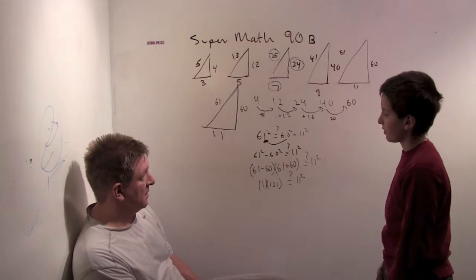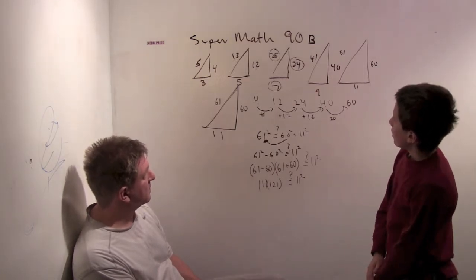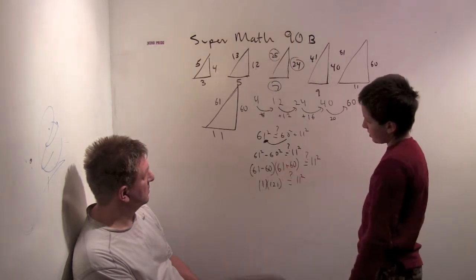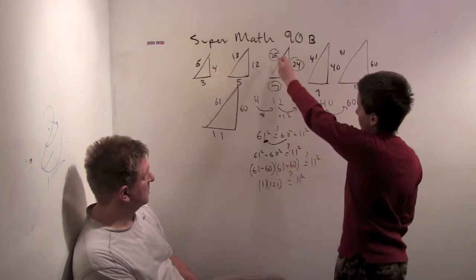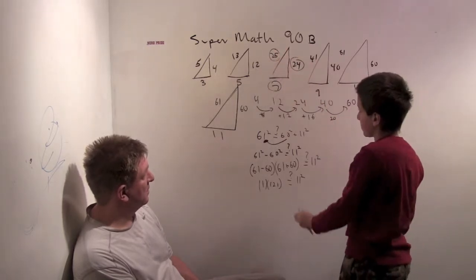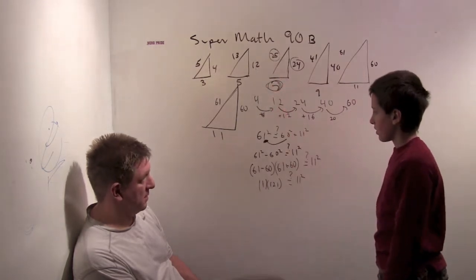I used these 2 legs, and I got the square of this part. How?